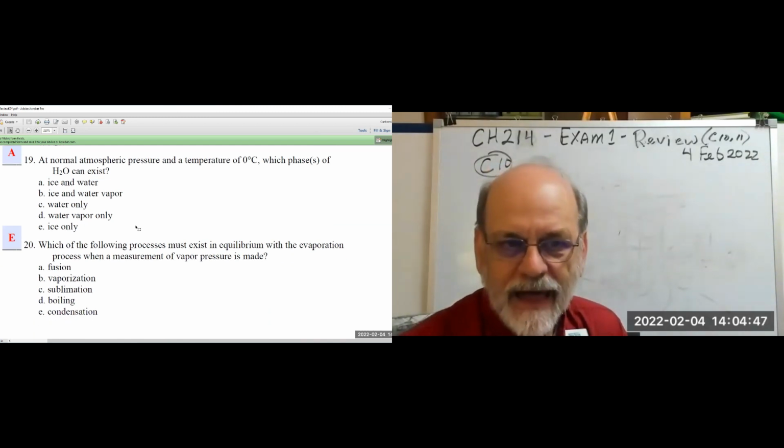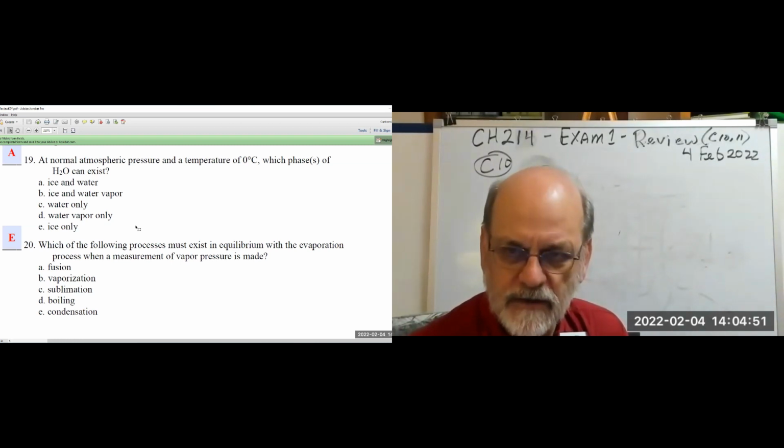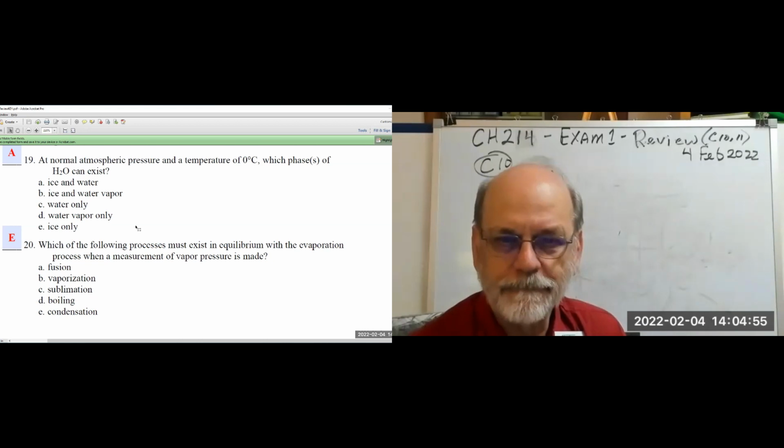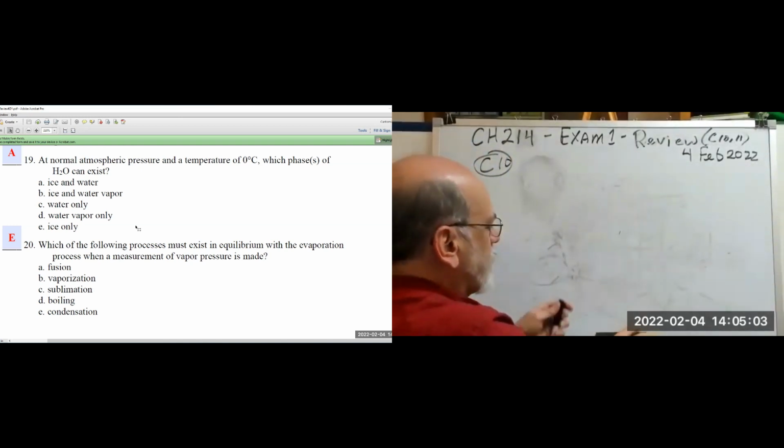19. At normal atmospheric pressure and a temperature of 0 degrees Celsius, which phase of water can exist? All right. So what are we talking about here?